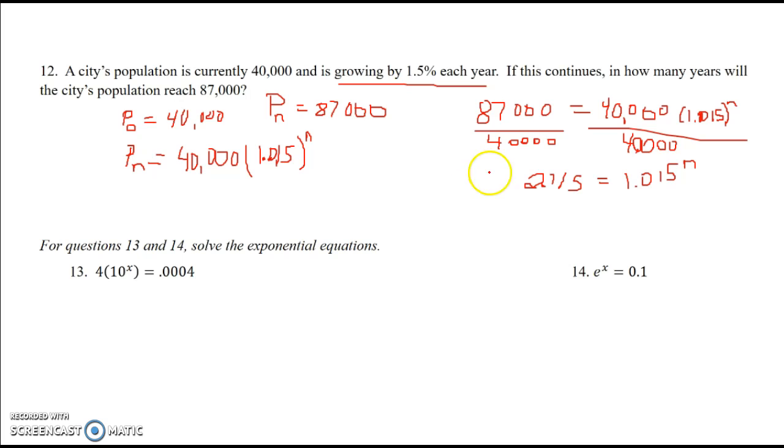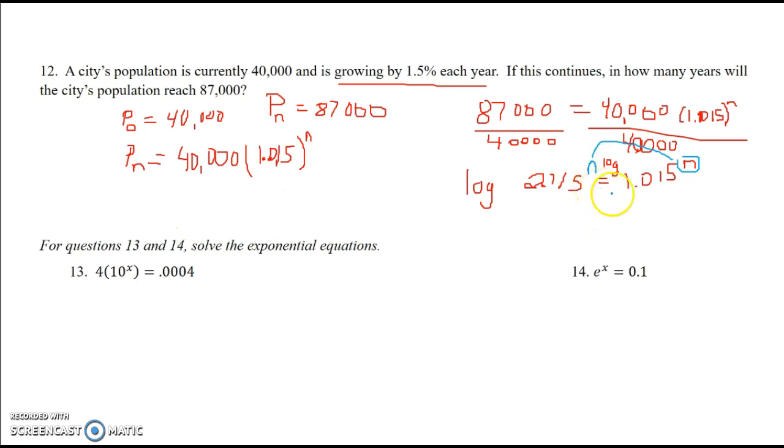Okay, now what I need to do is I need to take the log of both sides, and then I can move this n in front of the log.